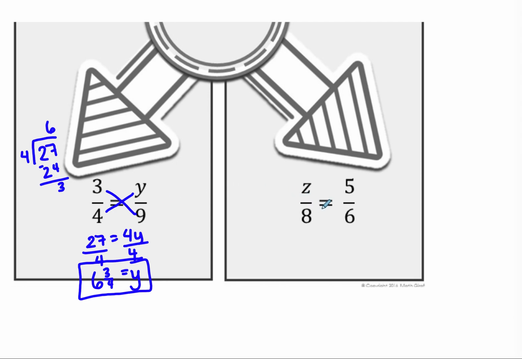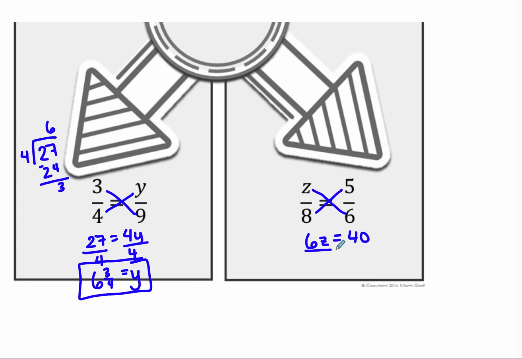Okay. Let's take a look at this next one. Again, no side-to-side multiplication, no up and down multiplication pattern. So we're going to do cross products. 6 times z is 6z. 8 times 5 is 40.